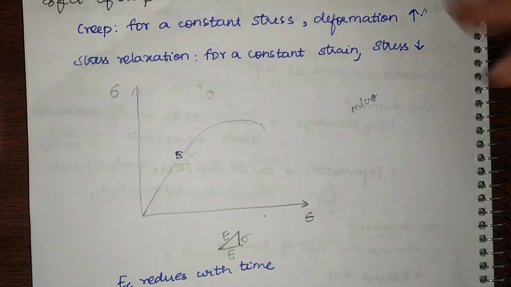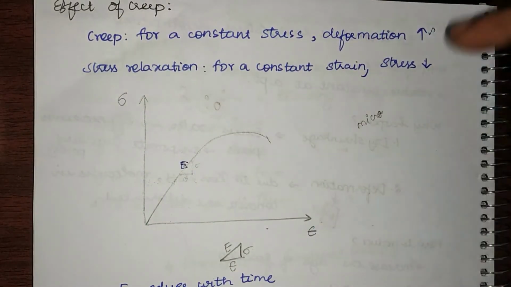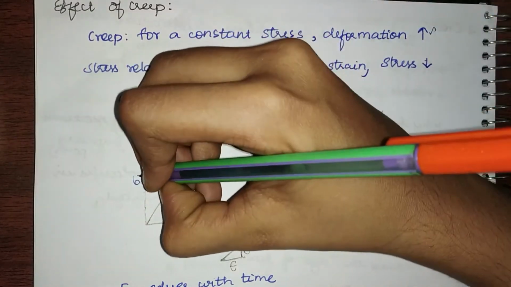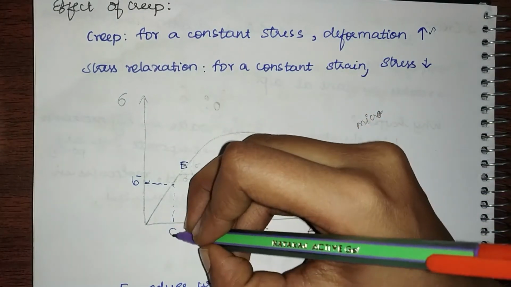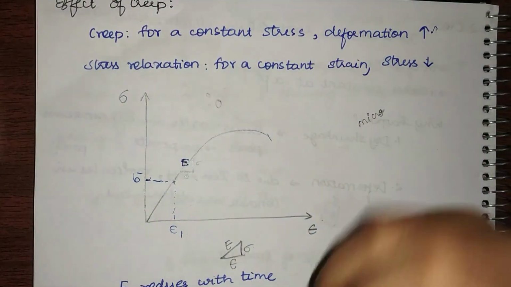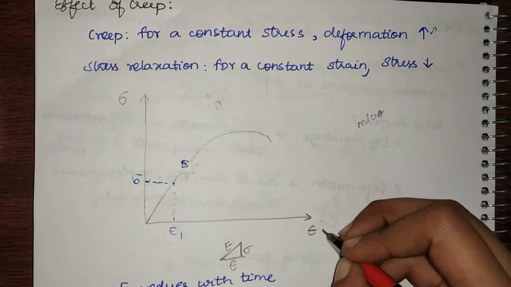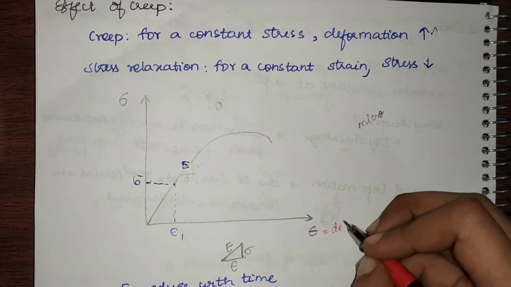So let us look into the definition of creep. For constant stress, deformation increases, which means let me take a stress value sigma 1, and for this sigma 1, epsilon 1 is my strain. So for the constant stress, my deformation increases. Strain is equal to change in length by original length, so I can say that strain is equal to deformation.